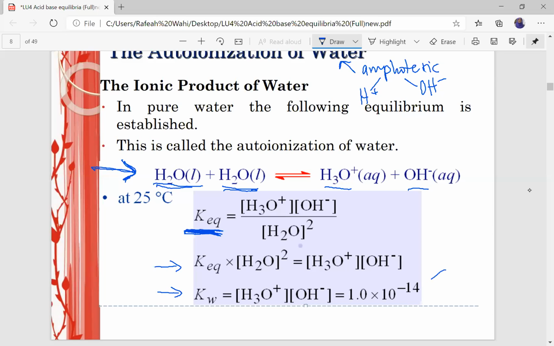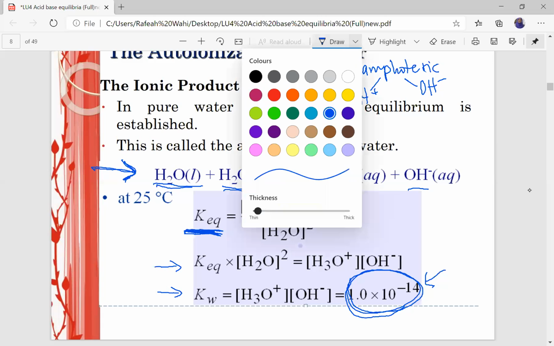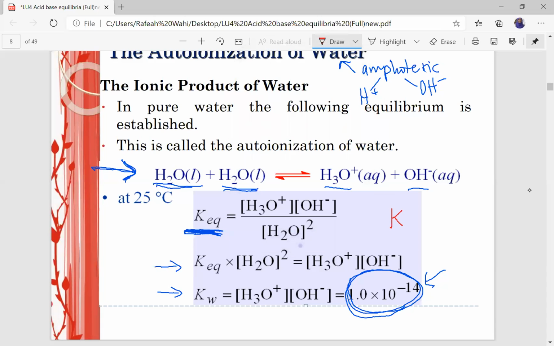At 25 degrees Celsius, this is the value for the water constant. It is always 1 times 10 to the power negative 14. So remember, Kw equals 1 times 10 to the power negative 14. Jot down in your notebook.